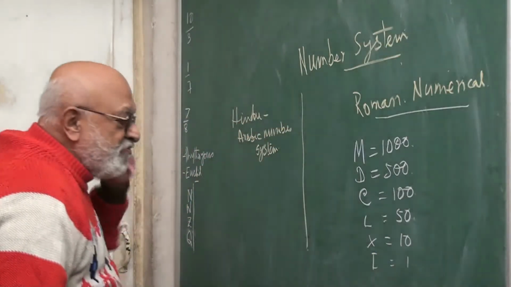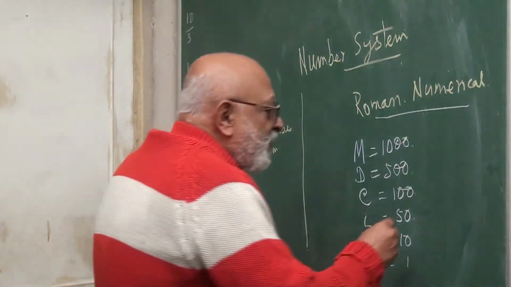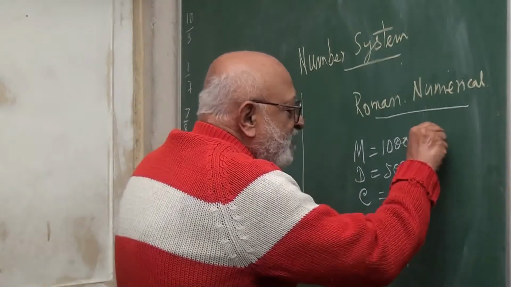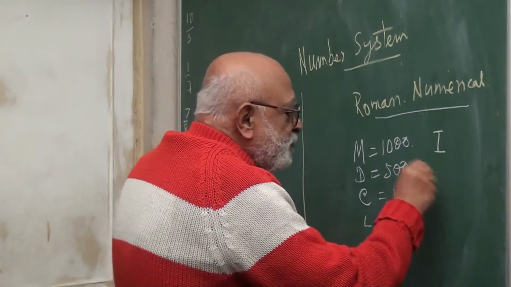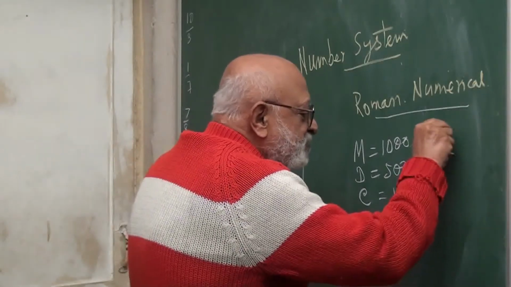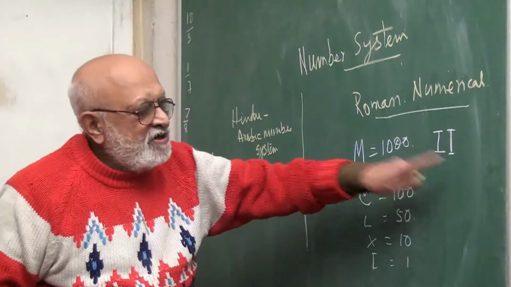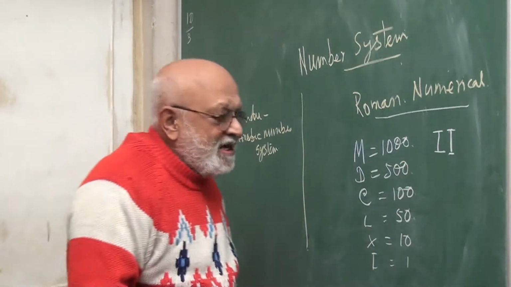How did this system work? Suppose I want to write 1, so I will write I like this. There is no other number for 2, but you add another I. You must have seen on the board outside, class 1, class 2, and class 3.